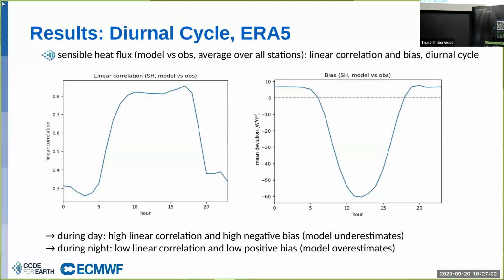And during night, we have a very low correlation, so the model does not add any skill to the diurnal cycle. And the bias is quite low because the fluxes are already low. But here the bias is positive, which means that the model slightly overestimates compared to the eddy covariance measurements.